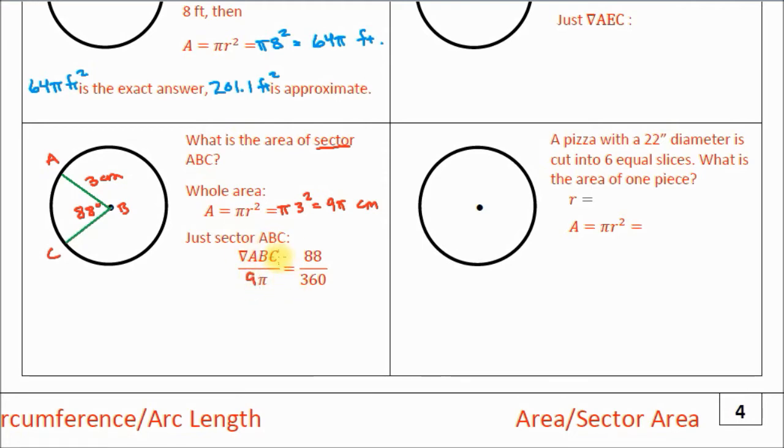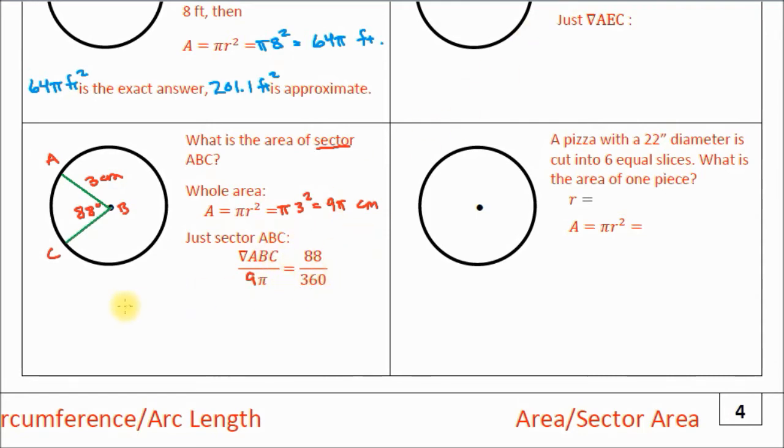The area of the sector ABC over the area of the whole circle is equal to degrees of sector ABC over the total circle degrees. So we set it up exactly the same way as finding an arc length, except for now we're showing the sector ABC on top of this ratio and the total area on the bottom of this one. But now we solve it exactly the same.